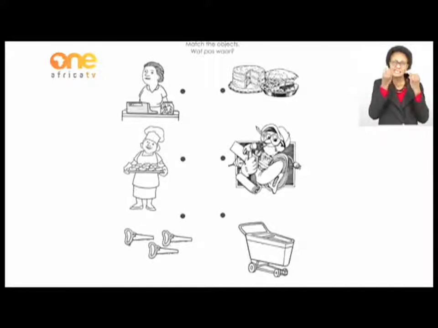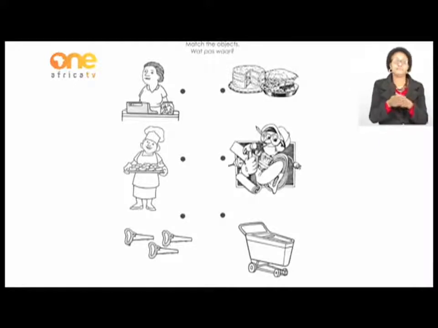The first picture, you can see that there is a woman standing behind a counter. We see these kind of people when we go to a shop. For example, ShopRite or Checkers or Spar. And they're there to help us buy the things that are in the shop.